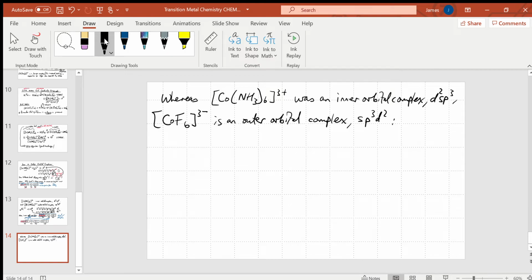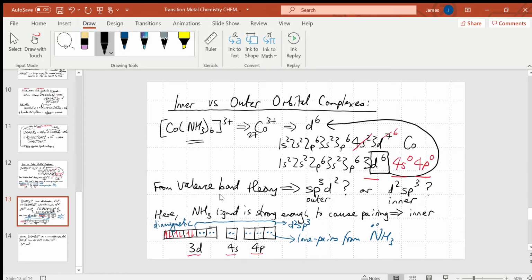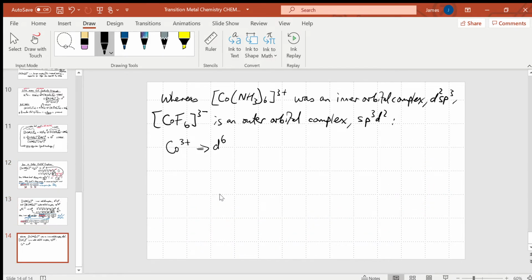So let's have a look. So again, it's Co3+, which implies d6. It's never good when a computer thinks. Okay, so it's a d6 complex. If you're not sure why, I won't repeat it again, but I'll refer you back a couple of slides ago where we talked about why it's a d6 complex.